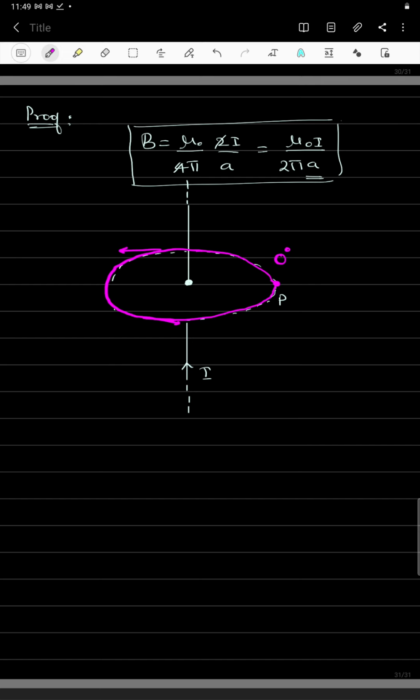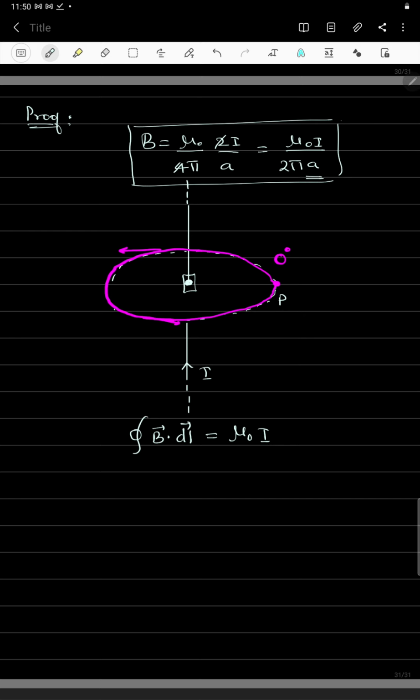Now we'll derive the equation we use in the Ampere circuital law. This is a closed loop, so the closed line integral of B dot dl, where we consider this current element, equals mu naught into the current.